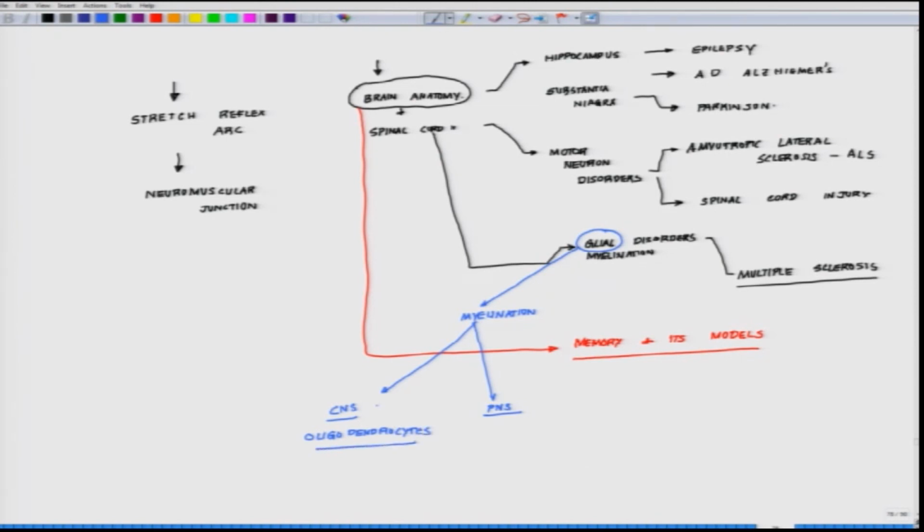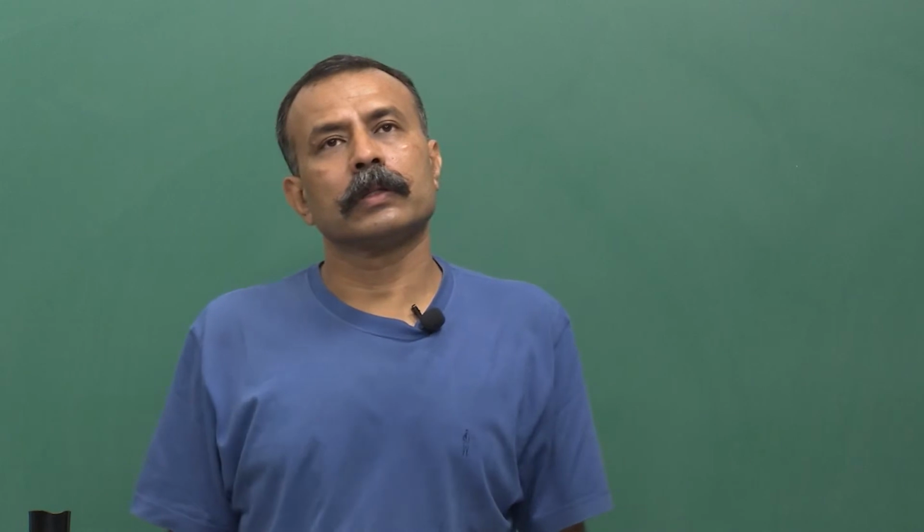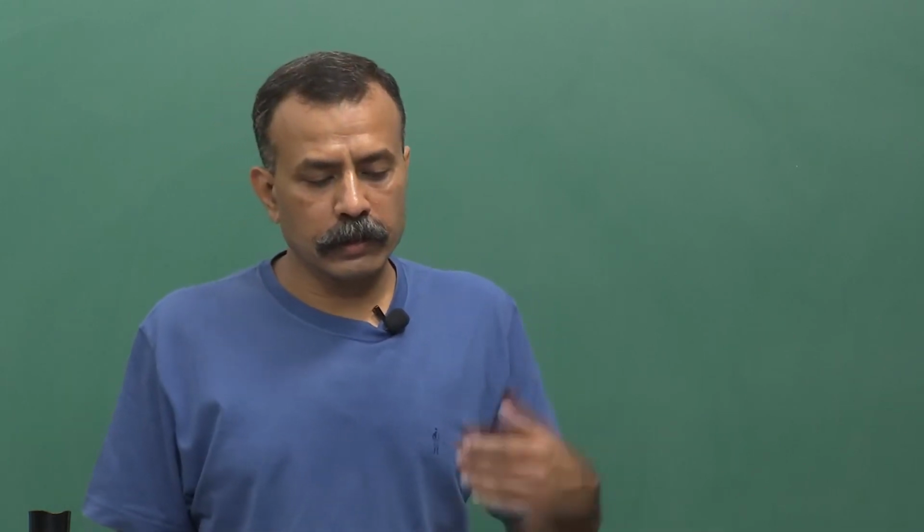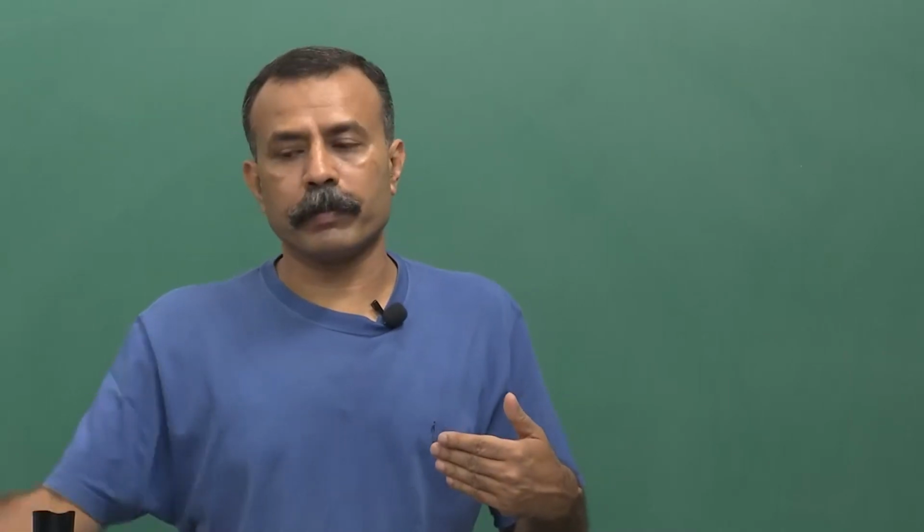So this will be our map, which will be followed for the next few classes to conclude this part of the course. Okay, so I will close here. In the next class, we will continue following this map. Thank you.